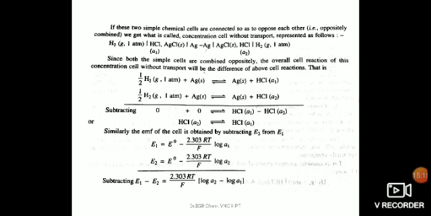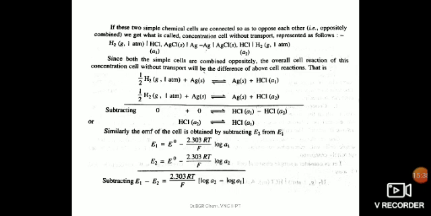Subtracting, we get 0 plus 0 giving rise to HCl minus HCl, equation 1 minus equation 2. Rewriting that equation, we can write it as HCl at activity A2 giving rise to HCl of activity A1.